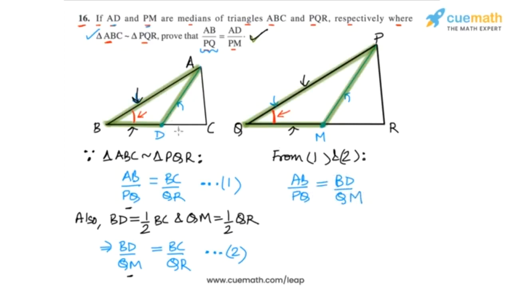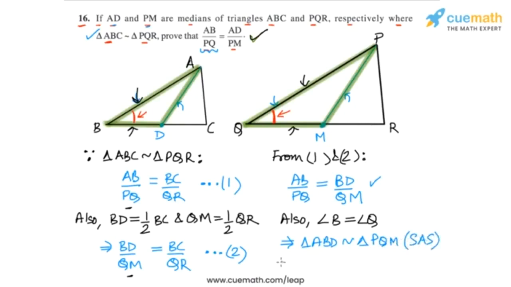So if we now compare these triangles ABD and PQM, we have this equality of ratios, and also we can say that angle B is equal to angle Q, and that's again because triangle ABC is similar to triangle PQR. So now because this pair of angles is equal and the sides containing these angles are proportional, we can say that triangle ABD will be similar to triangle PQM, and this is because of the SAS similarity criterion.